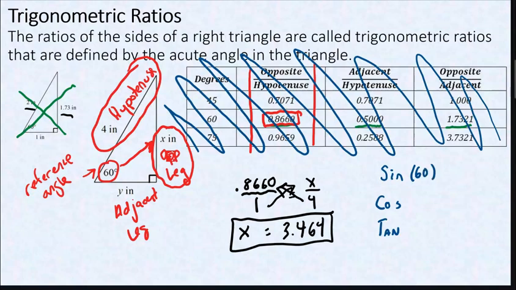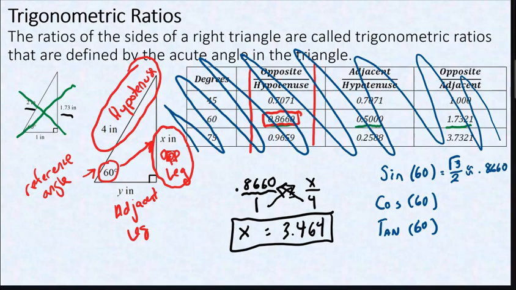If I plug these individually into the calculator, so if I type in sine 60 and hit enter, I will get square root 3 over 2, or 0.8660.